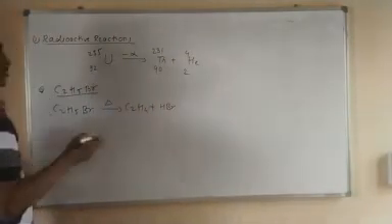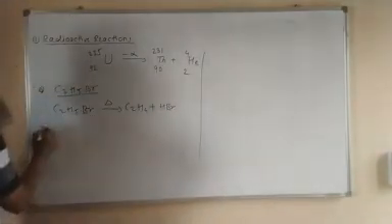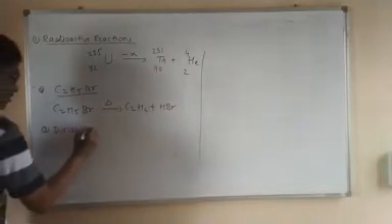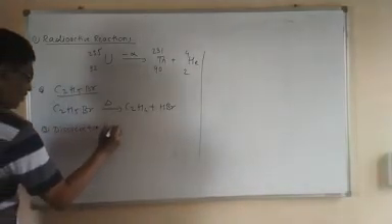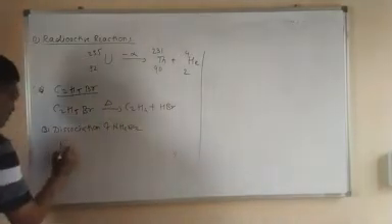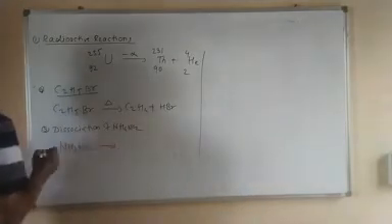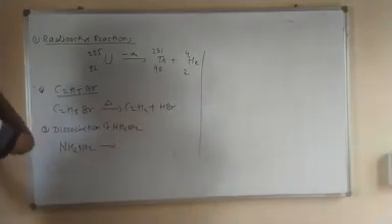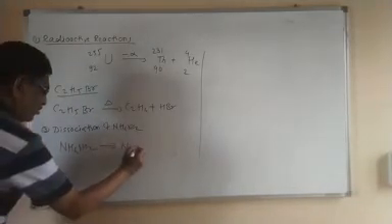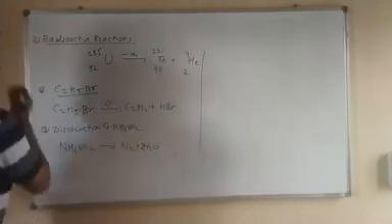Then dissociation of NH4NO2. If NH4NO2 is dissociated, then we get N2 plus twice H2O.